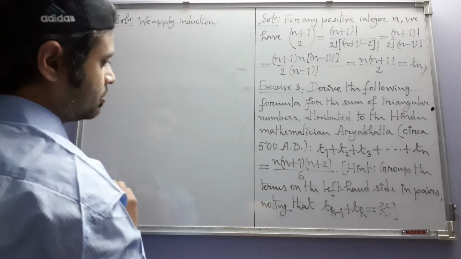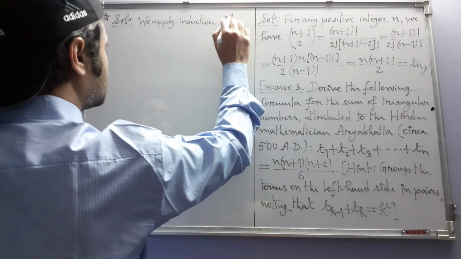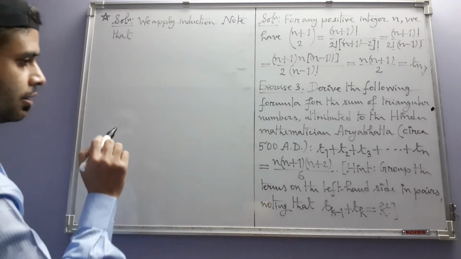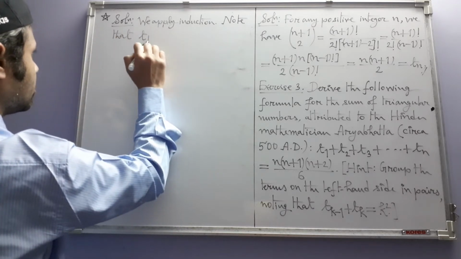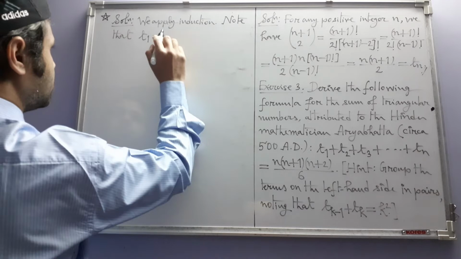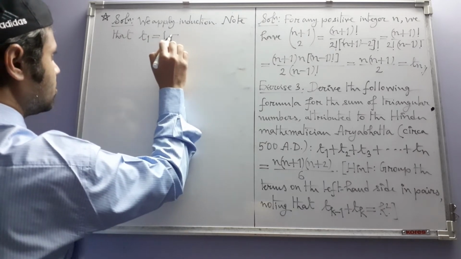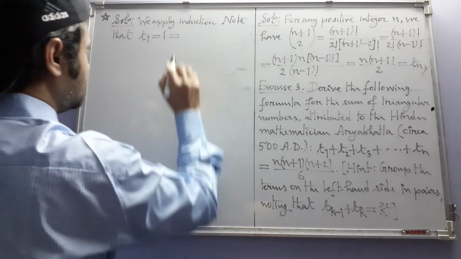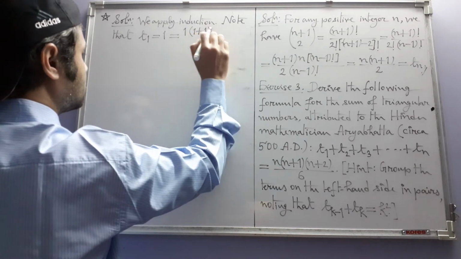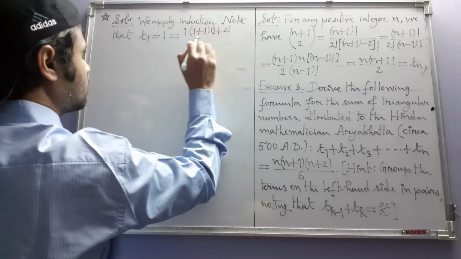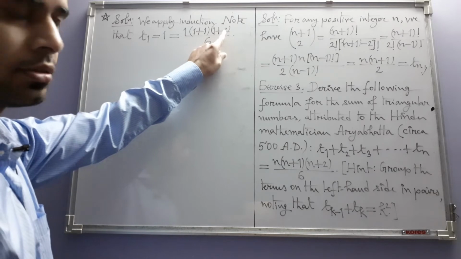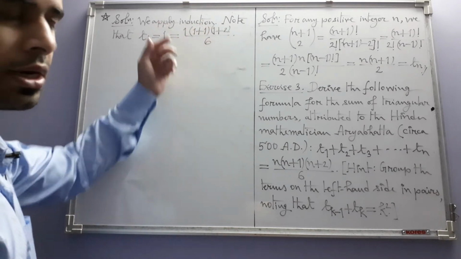We apply induction. Note that when n is 1, then the left hand side of this formula is T1, and T1 we know is just 1, which also is equal to the right hand side when n is 1, because this is 2 and this is 3, so 2 times 3 divided by 6 is 1.